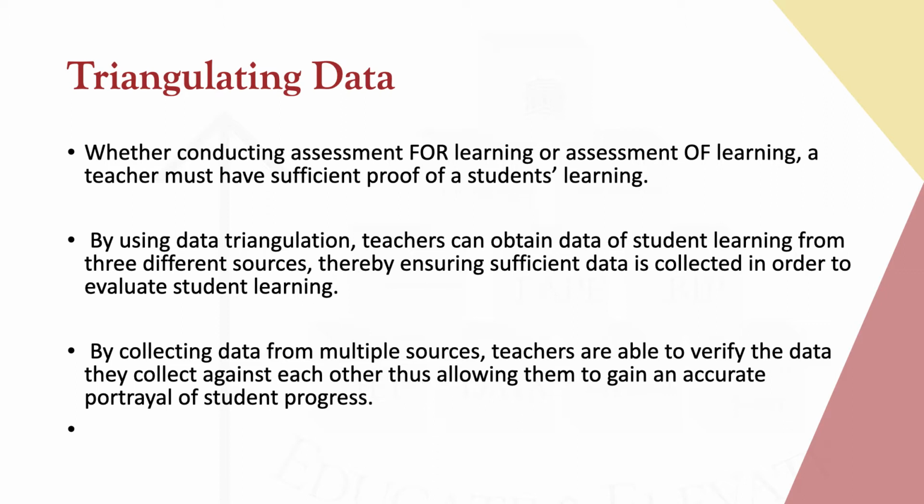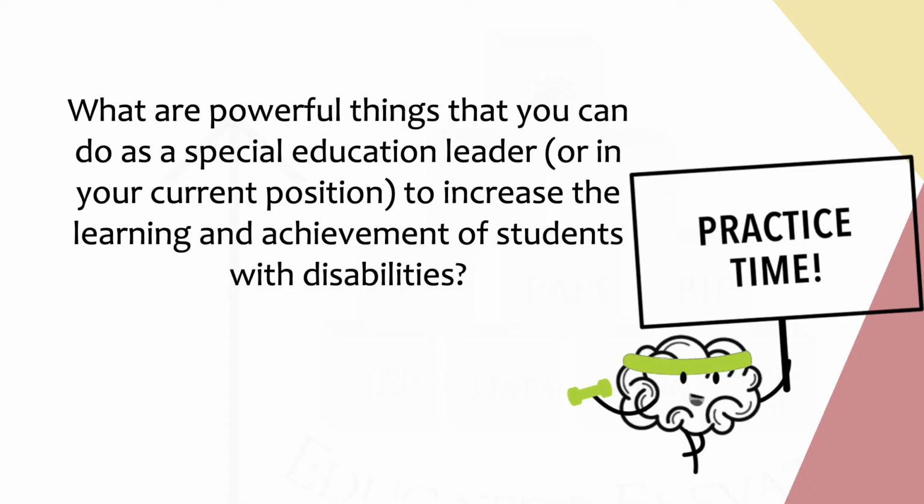By using data triangulation, teachers can obtain data of student learning from 3 different sources, thereby ensuring sufficient data is collected in order to evaluate the student's learning. By collecting data from multiple sources, teachers are able to verify the data they collect against each other, thus allowing them to gain an accurate portrayal of student progress.